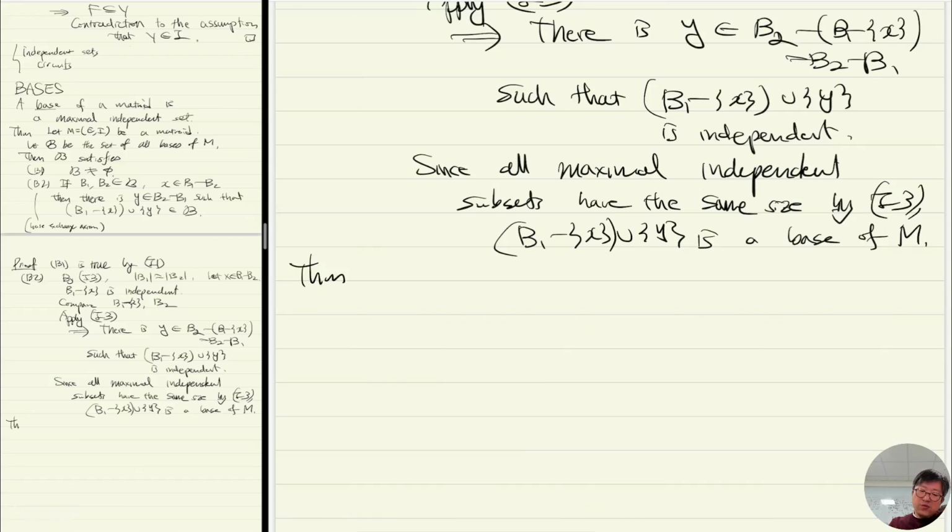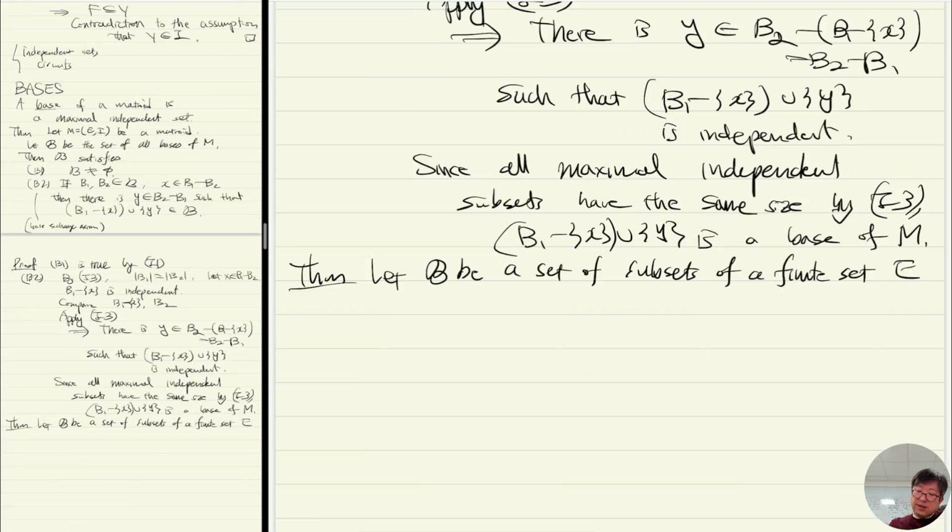Now again, we prove the converse. Let B be a set of subsets of a finite set E satisfying B1 and B2.